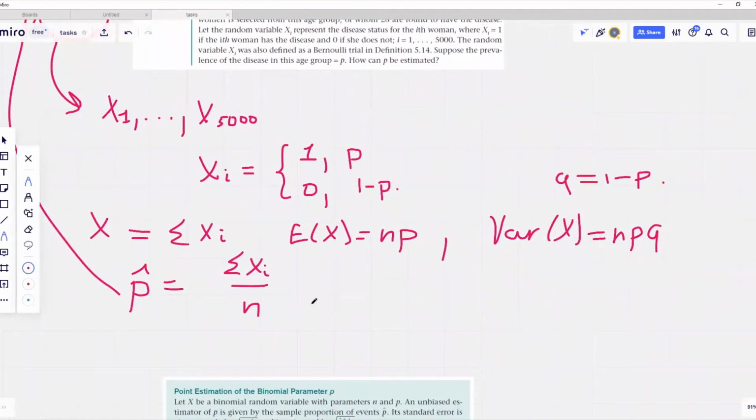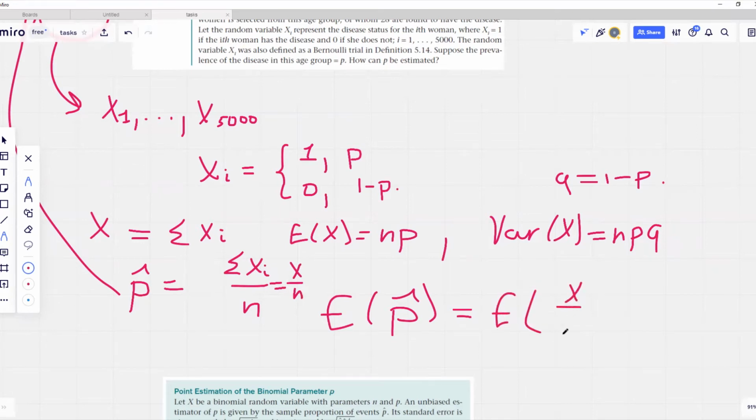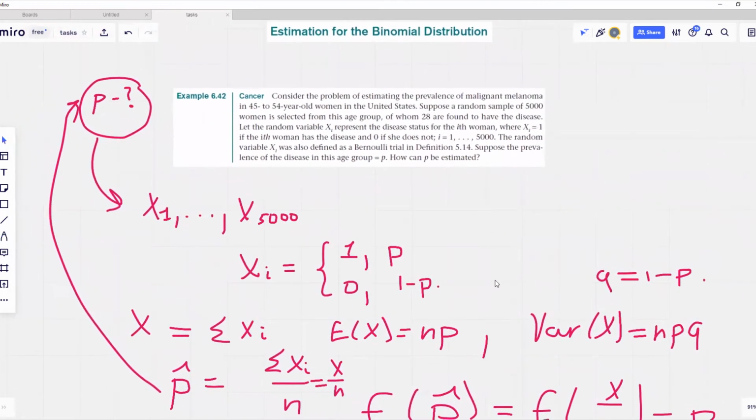Now, let's find the expected value of p hat. This can also be represented as X over n. So the expected value of p hat is equal to the expected value of X over n. So this is 1 over n times the expected value of X, which is np. So this is equal to p. So we can see that our p hat is an unbiased estimator for p.